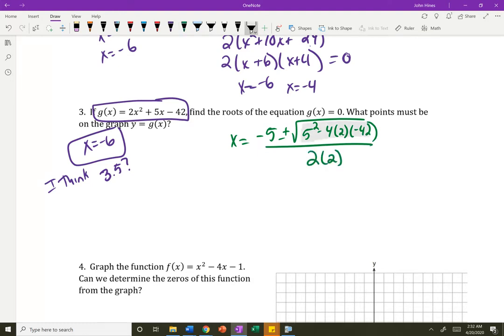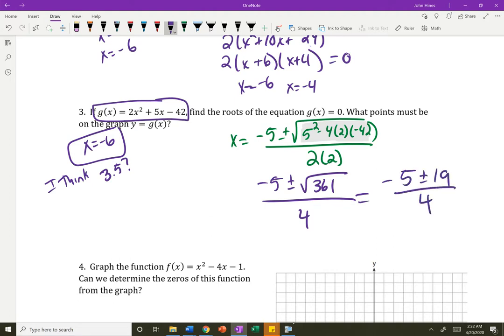And then we type in that there. 5 squared minus 4 times 2 times -42 is 361 square rooted. I'm going to type that into my calculator and hope it becomes a nice number because I'm pretty sure it is. It is actually 19. This is actually a perfect square.